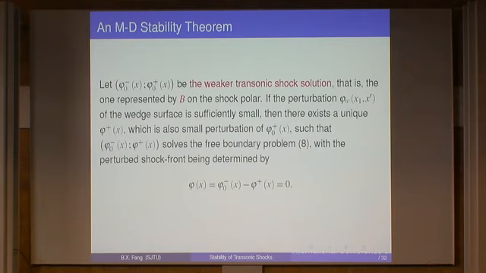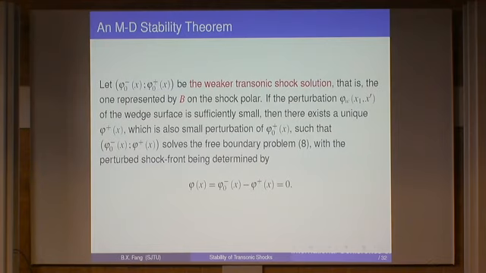So this is a difference between the 2D case and the multi-D case. In the 2D case, both these solutions are stable, but for the multi-D case, by now we only know the weaker one has this stability property, but the stronger one we still have no idea.